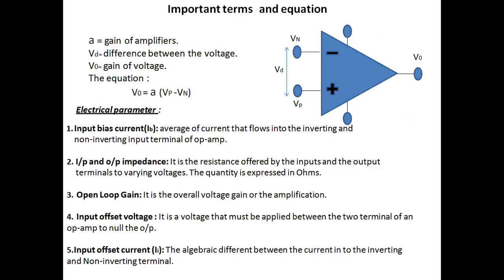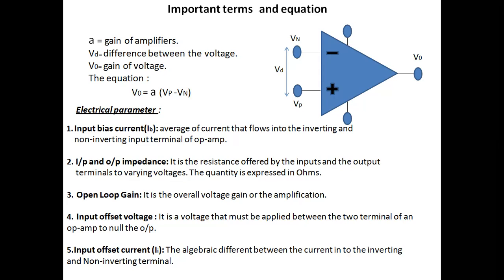Now we are supposed to study the different parameters which we use in the op-amp. When we use an amplifier, in our syllabus we study the differential operational amplifier, that is, the difference amplifier.